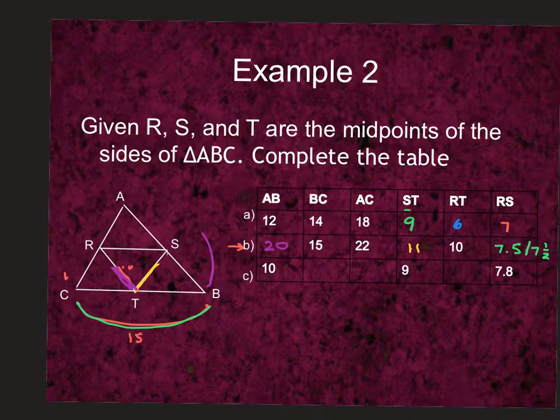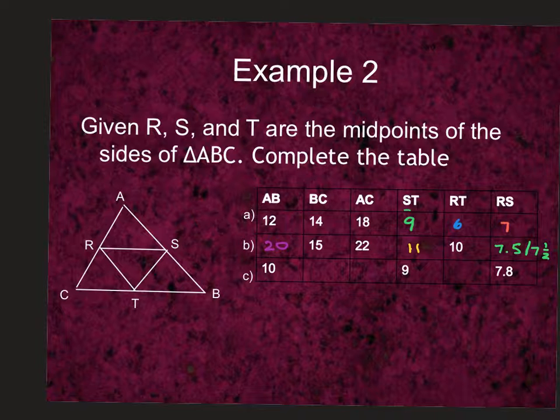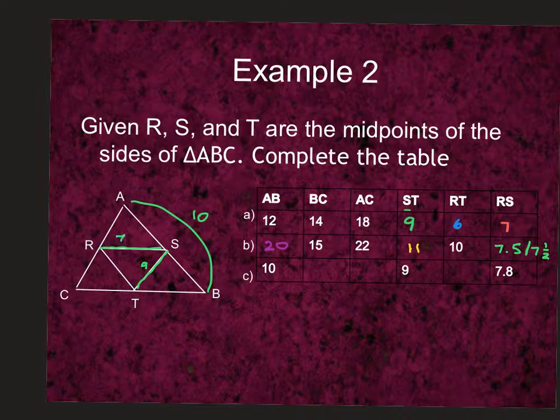Okay, and then the last one, again, we'll clear it off so we have our new measurements. AB is 10. ST is 9. And RS is 7.8. So if I want to know BC, which is this side, I'm going to take 7.8 and double it.